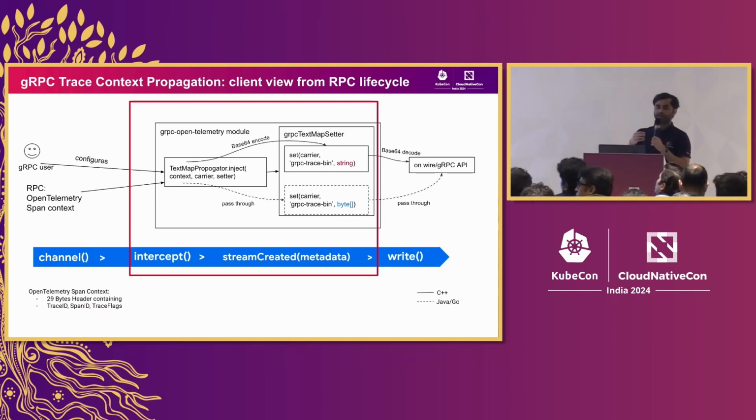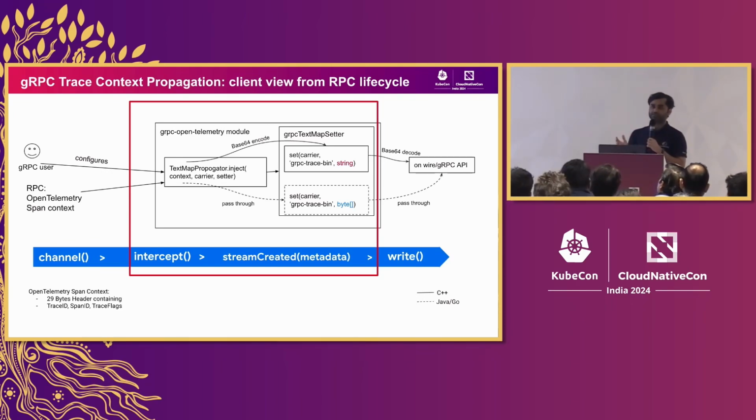This text map propagator injects the header in the gRPC context, and it uses a carrier object, which we will see later in this presentation, for how it gets used. This carrier is doing nothing but putting the data directly into the gRPC metadata. It can be a string, based on what type of header it is. If it's a text header, it will just directly put it as a string.